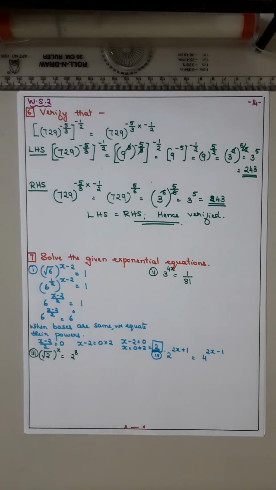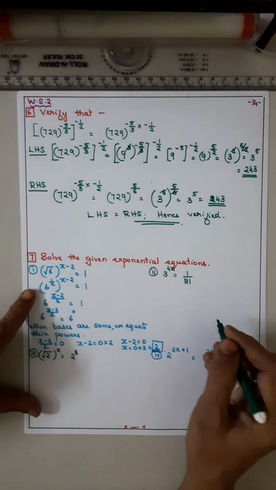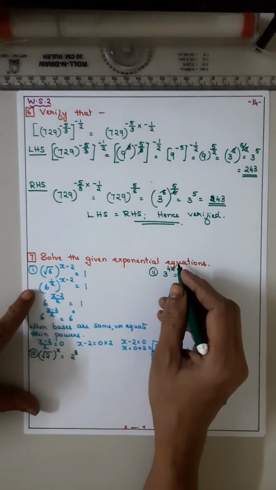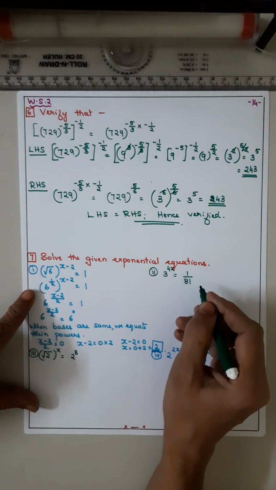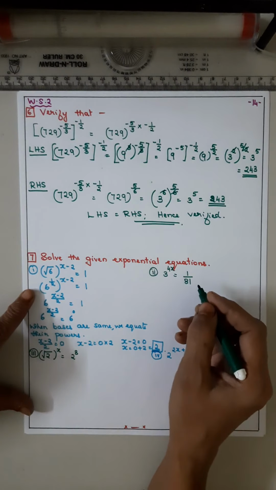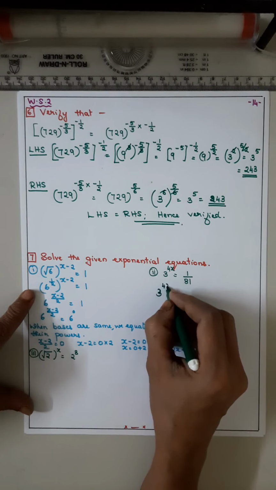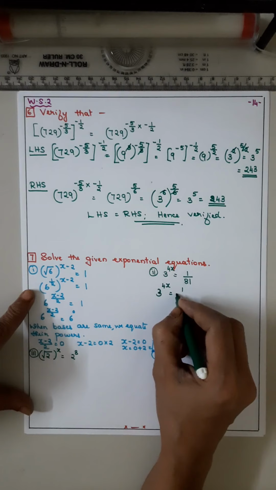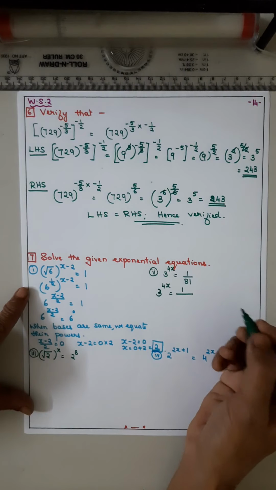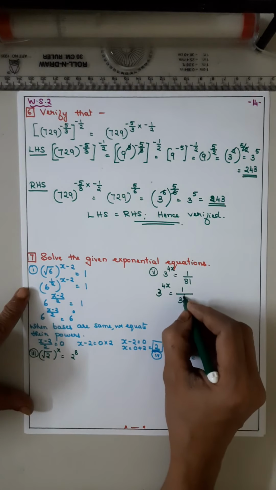Clear? That was question number 1. Now coming to question number 2. 3 to the power 4x is equal to 1 by 81. That means 1 by 81 can be written as 1 by 3 to the power 4.